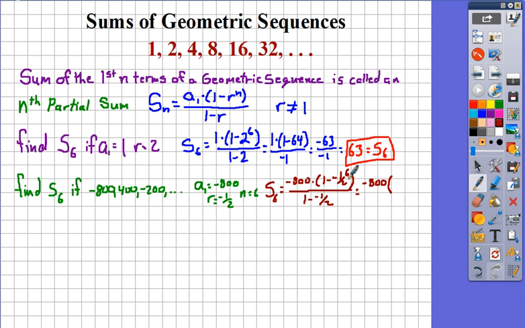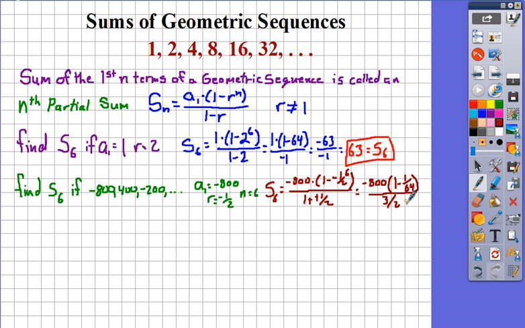We know negative to an even power is going to be a positive number. Negative 1 to the 6th power is still going to be 1. 2 to the 6th power is 64. So we really have 1 minus 1/64 right there, all divided by 1 minus a negative half. That's really going to be 1 plus a half, so let's call that 3/2.